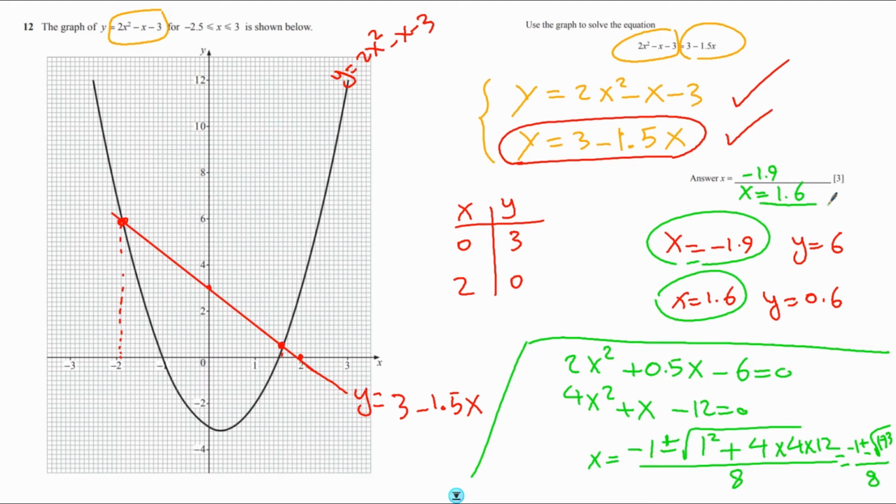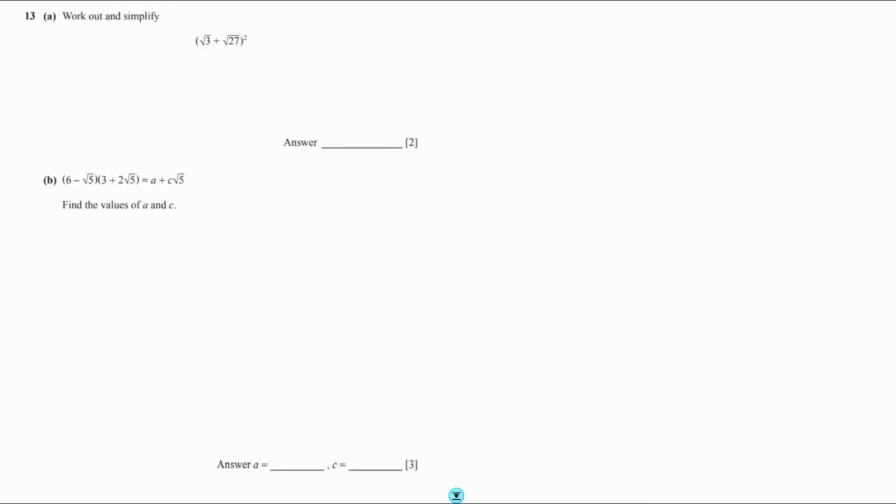Okay, when we move to the next question, which is question 13. This question says work out and simplify the square root of 3 plus the square root of 27, to the power of 2. So we can write basically the square root of 3 plus the square root of 27, times the square root of 3 plus the square root of 27, because that is the meaning of a power. We need to multiply these together.